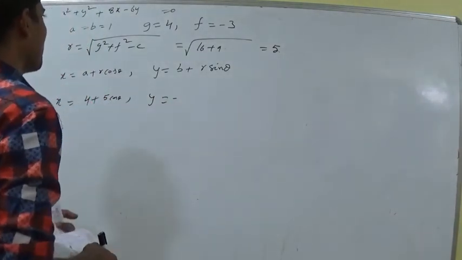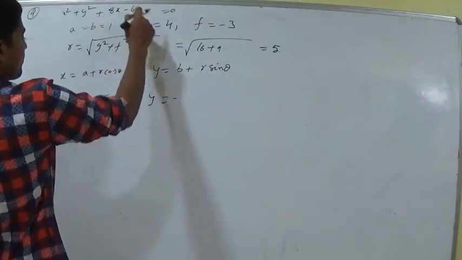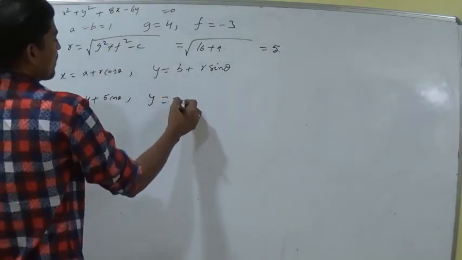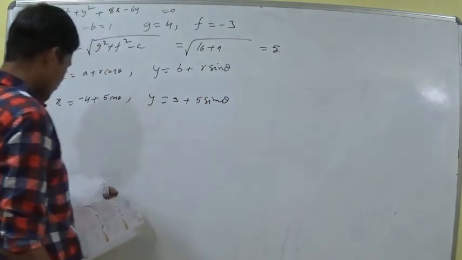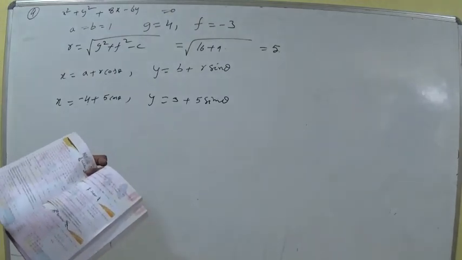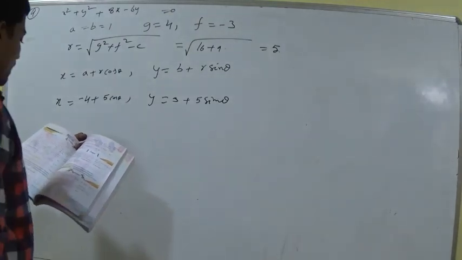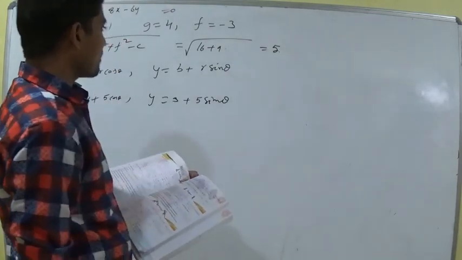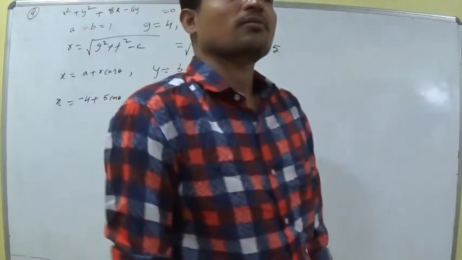Minus 3 is nothing but, here, minus 4 minus g, minus f, so which becomes plus 3. So plus r, which is 5 sin theta. Right? Minus 4 plus 5 cos theta and 3 plus 5 sin theta are the parametric equations of the given circle.